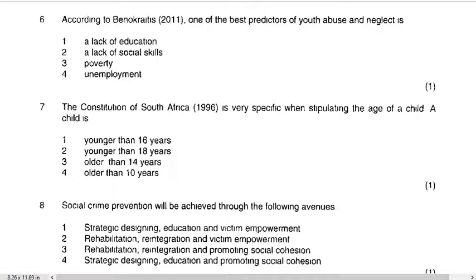According to Binocrates, one of the best predictors of youth abuse and neglect is. The answer is 3, poverty. This is found on page 50 of our study guide.